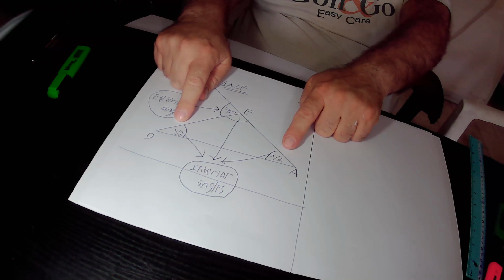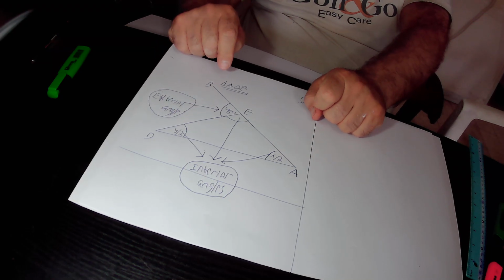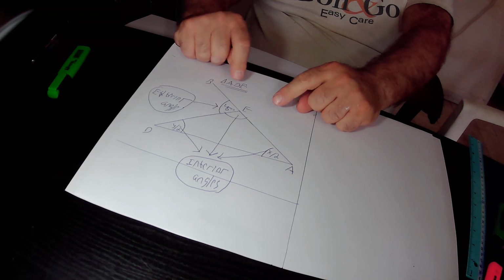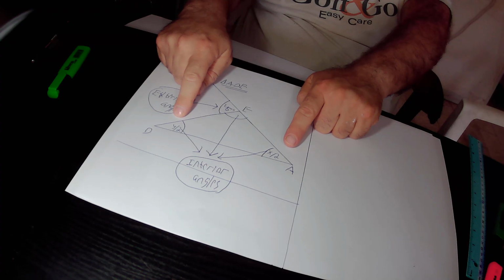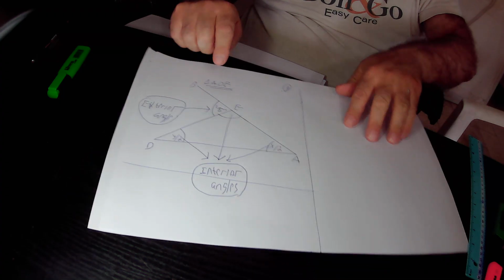So in conclusion, we found out that according to rule 4, the size of the external angle BED is equal to x over 2 plus y over 2. So I write it down.